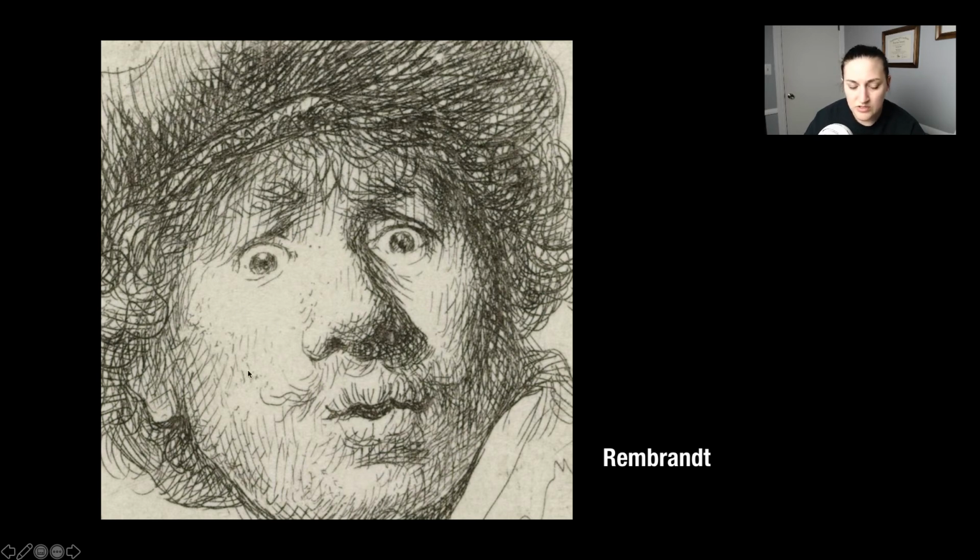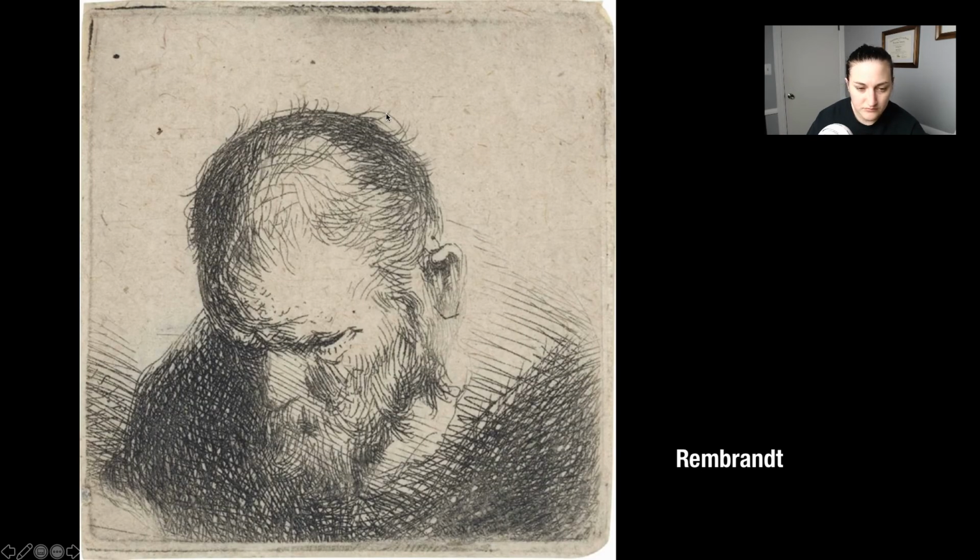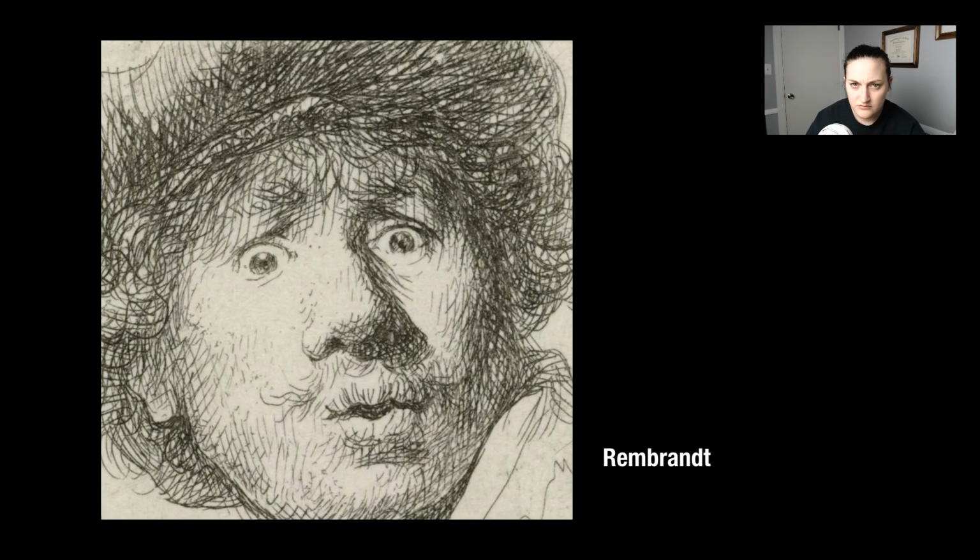In areas where we just want a little bit of value, the marks are farther apart. And the marks are much closer together in the darker areas, right?